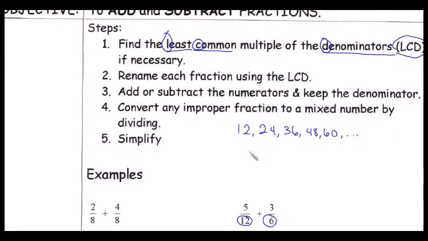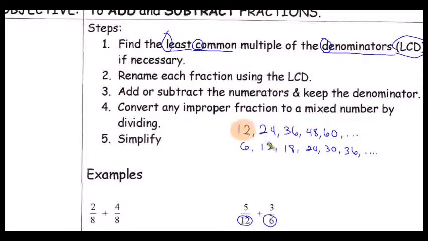I could do the same thing with the 6. I'll do 6, 12, 18, 24, 30, 36, and so on. So to find the LCD, all you have to do is look at both lists, the 12s and the 6s, and see which number is common in both lists and which number is the smallest that's common in both lists.